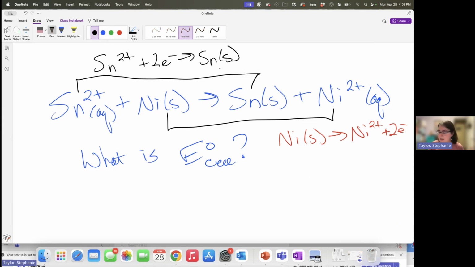So in this case, for Sn, they're right next to each other. When I grab it off of the table, my standard reduction potential for Sn is negative 0.14. I'm going to highlight this because I keep losing it.